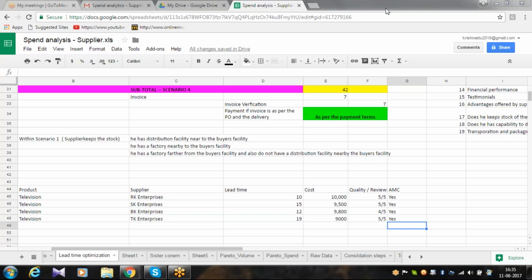TK Enterprise. Why? In terms of cost. Cost is the lowest. Quality is the best, and he is providing the AMC. In terms of both cost and time, it means BK Enterprise. In terms of the cost and delivery time. Okay. So is this 12? Good. Very good analysis. Only two.